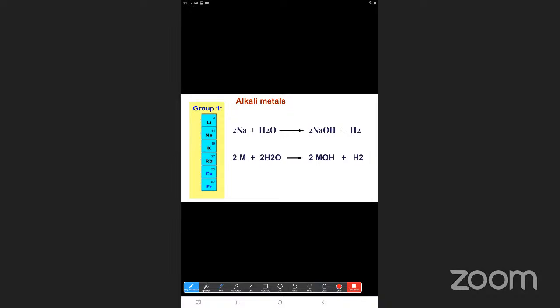So here, the valency of these elements is 1. 1A group elements, valency is 1. So what is meant by valency? Valency is nothing but the number of electrons in the last shell of the element. For example, lithium is in the 1A group.